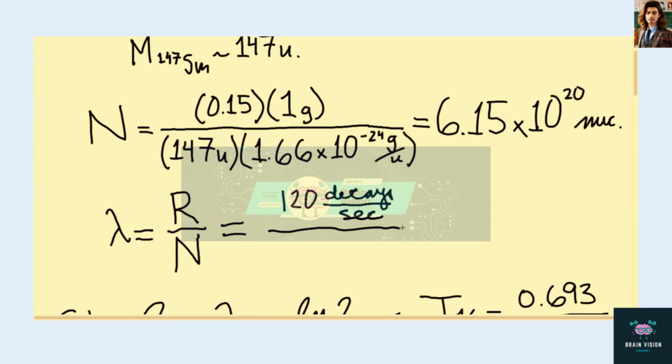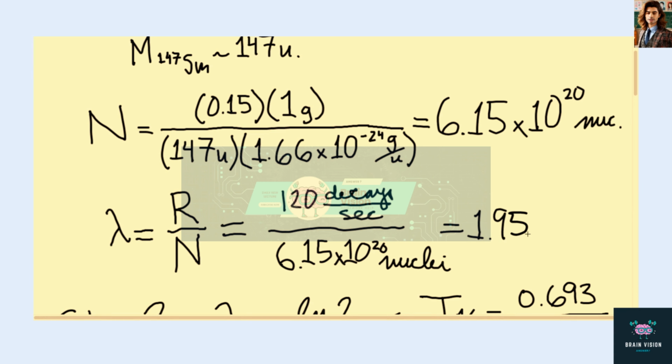Divide that value of R by our 6.15 times 10 to the 20th nuclei. And we get a value of 1.95 times 10 to the negative 19th. And that is the decay constant in units of reciprocal seconds.